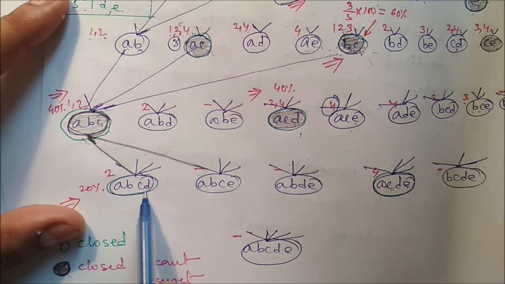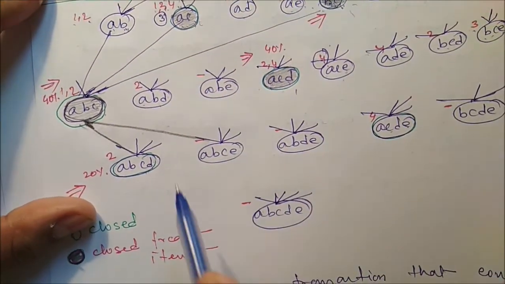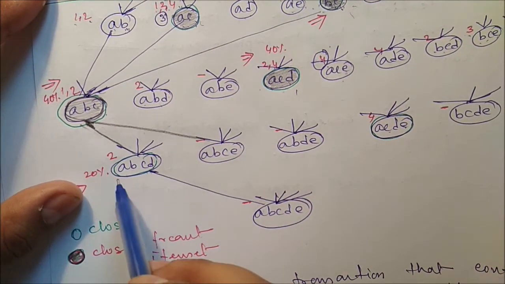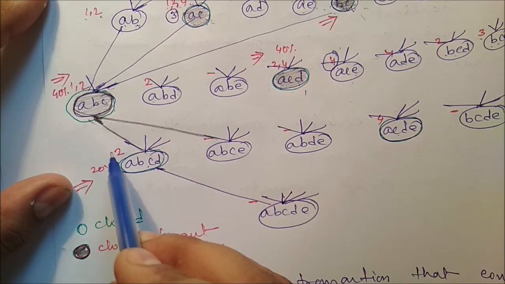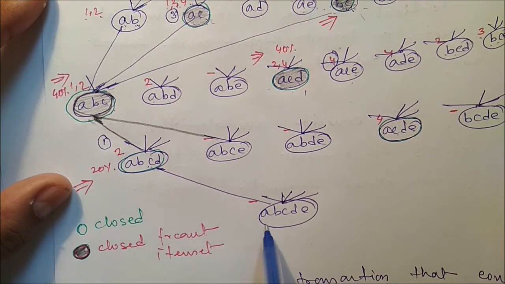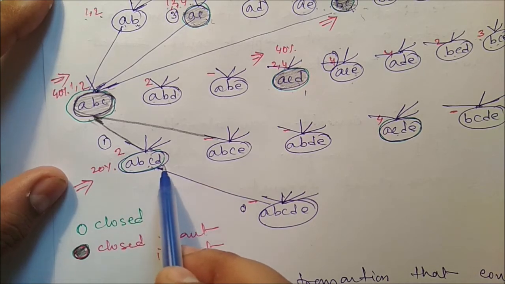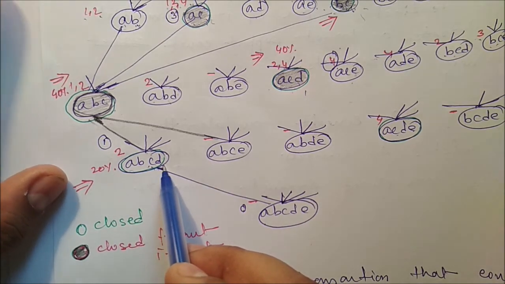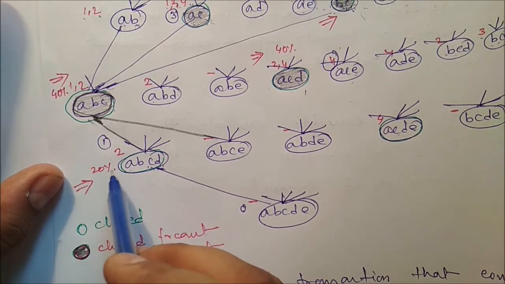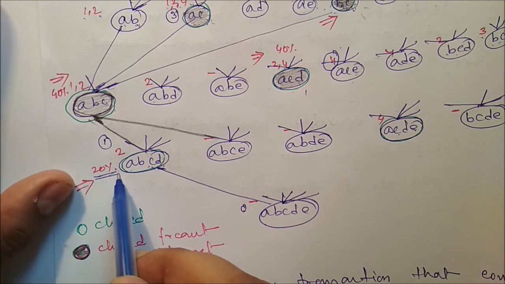But you can see ABCD. The frequency is 1. Its support count is 1, and its superset's support count is 0. So ABCD is a closed item set, but its support is 20%, which is less than 40.